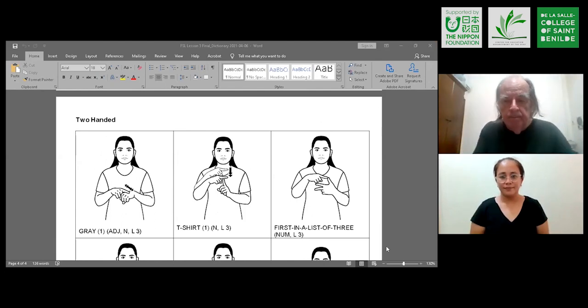All right. Can you see it clearly? Yes. Okay, so we have gray. And in the first row, we focused on the kind of a D hand shape. But as you said, focus on the right first. Okay, can you go down?